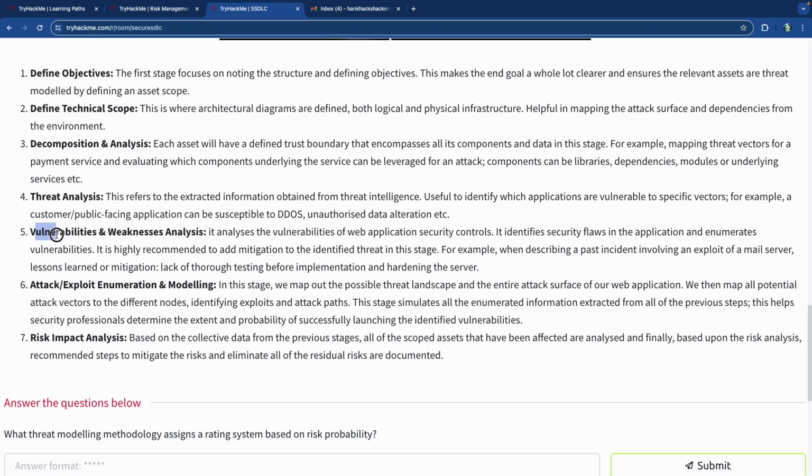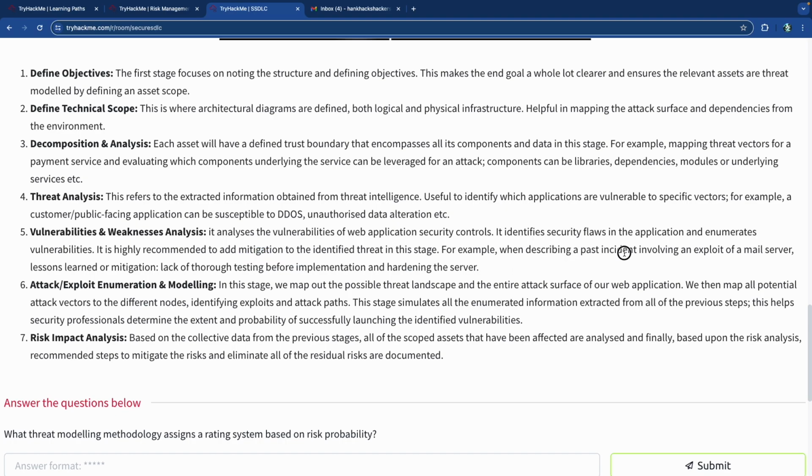Then you have the vulnerabilities and weakness analysis, which looks at the web application's vulnerabilities and their security controls, and looks at, finds security flaws in the application, looks at the vulnerabilities and lists them, and it's highly recommended to add mitigation to the identified threat in this stage. So when you actually find out what the vulnerabilities and the weaknesses are, you try to list mitigations for it.